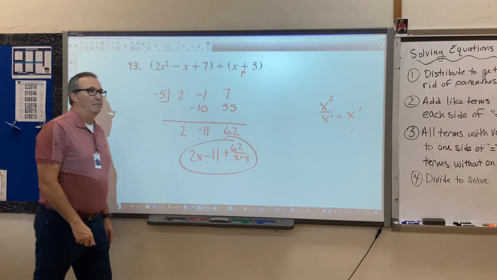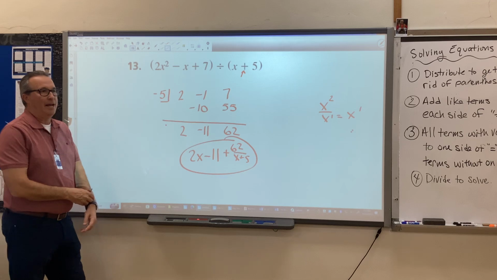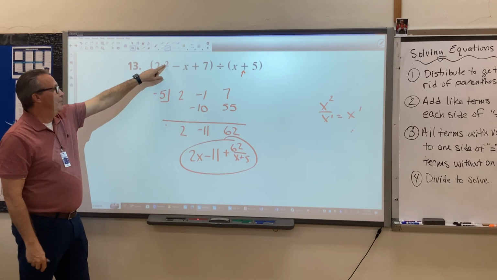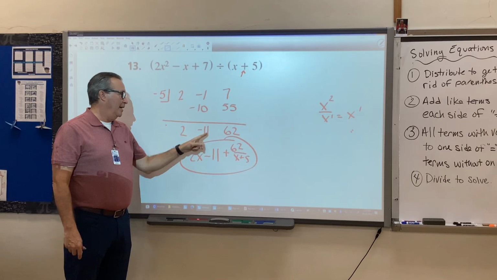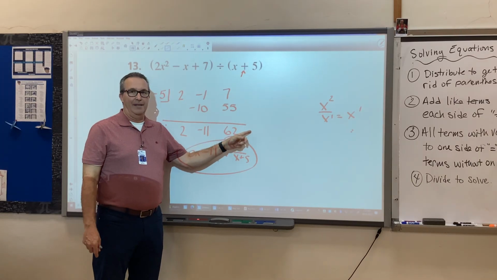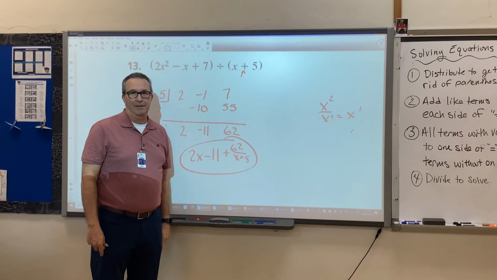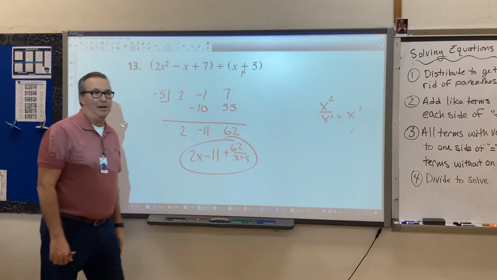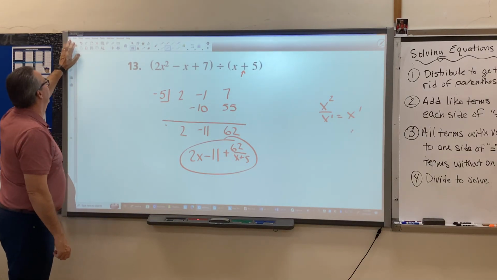That's what you get when you apply the x's to the answer. The mistake most people will make is they'll put x squared here, and then put an x there, and then they won't have a remainder. And that's how you screw it up. Okay?